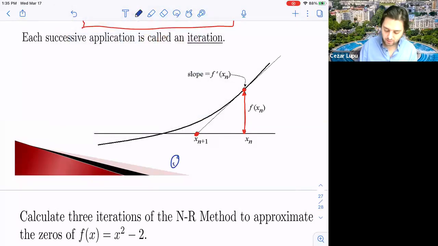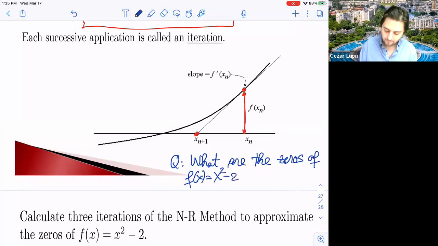So the first question we need to answer: what are the zeros of this function, f of x equals x squared minus 2? Can you tell me? You mean square root, right, Josh? That's what you mean? Okay.